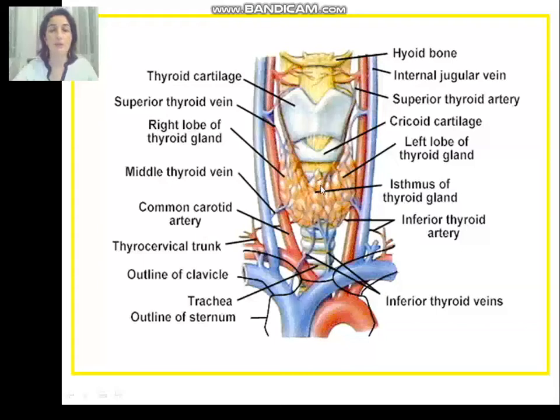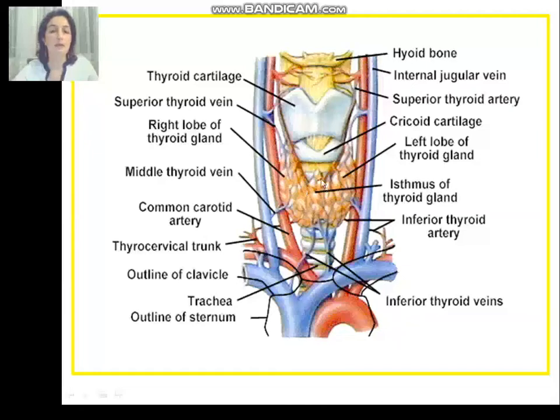It actually develops from the outpocketings of the third pharyngeal pouch. In some cases, thyroid may have pyramidal lobe, and it's a remnant of the thyroglossal duct.